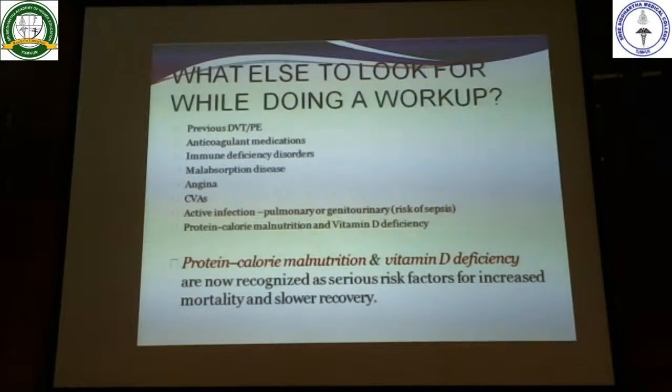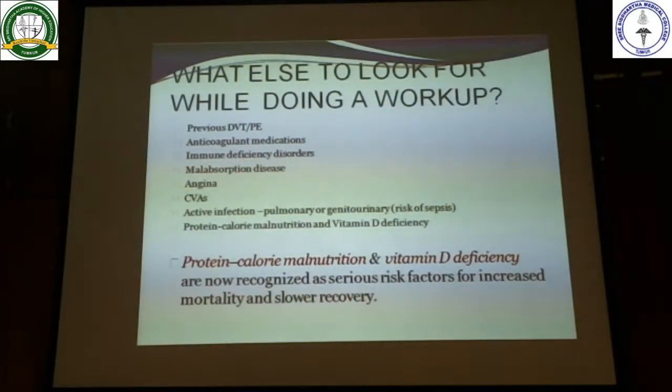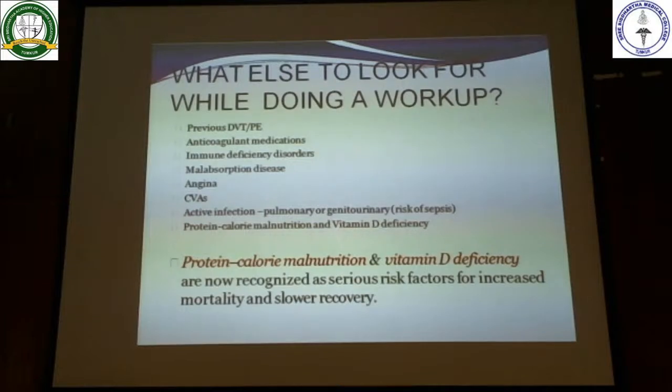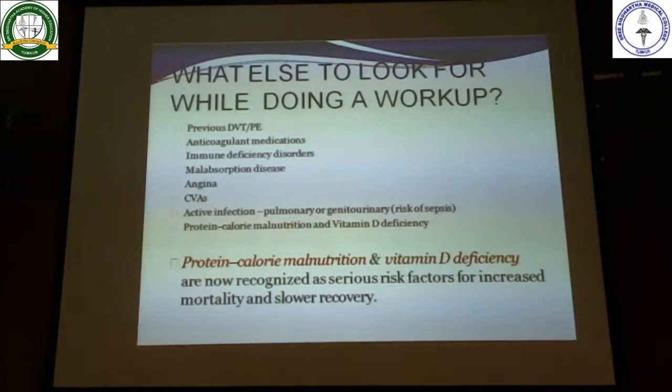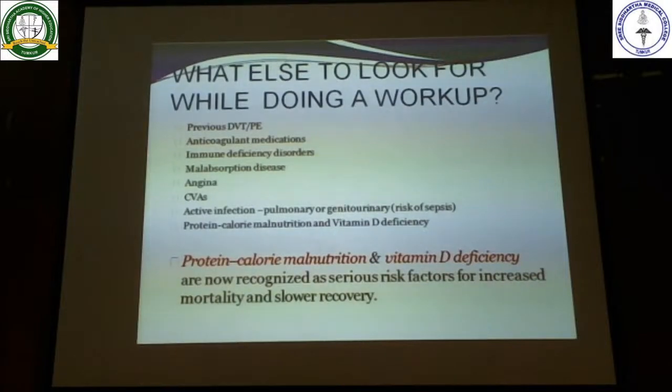Then what are the other things you need to look for while doing a workup? A previous history of DVT, deep vein thrombosis, or pulmonary embolism, because you need to know if there are any other comorbidities or conditions. Then anticoagulant medications, if the patient has been on any. Then immune deficiency disorders, malabsorption diseases, angina, any history of cerebrovascular accident like CVAs, then active infections, ongoing infection like pulmonary or genitourinary infection, because of the risk of sepsis.